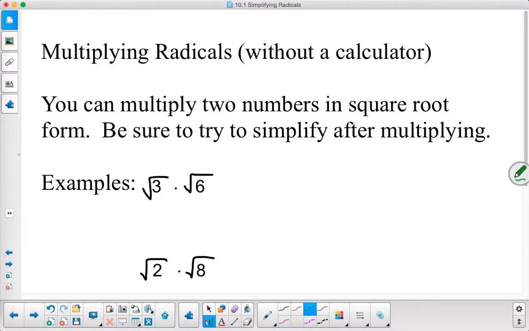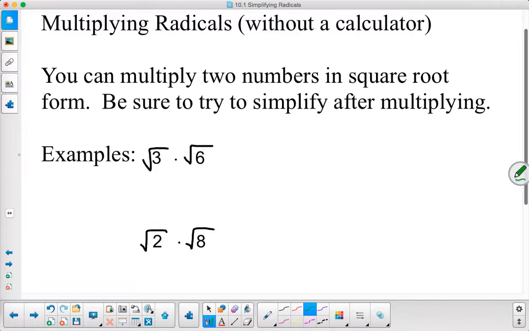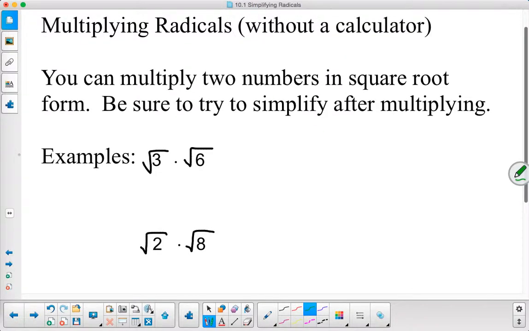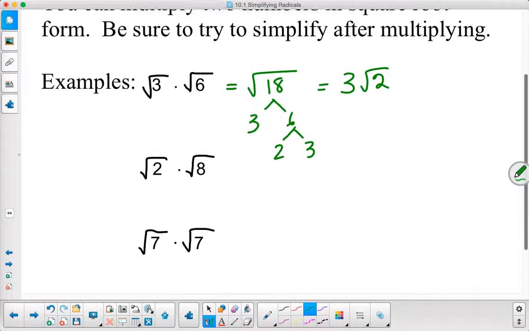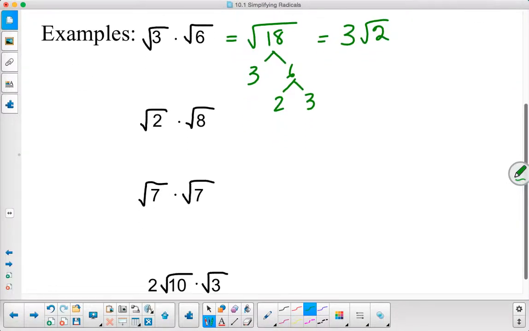All right, we didn't do these in class, but just in case there's something on the assignment, when you multiply, you really just get the square root of 18, but then simplify. So it's doing that first step, just multiplying together. So as I said, we didn't do these in class.